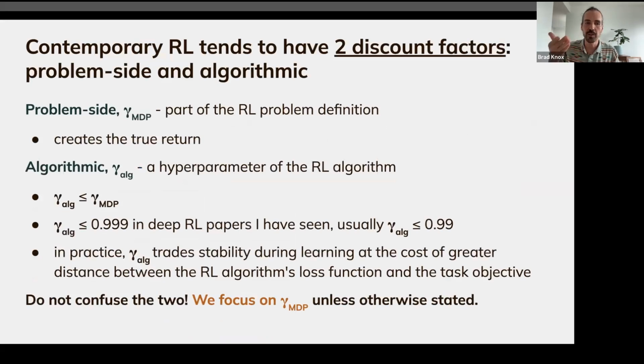And then there's the algorithmic discount factor that is a feature of the deep RL era. And usually it's smaller than the problem side one. And typically it's less than or equal to 0.99. And so the recommendation here is don't confuse them. And if you're doing that kind of first overfitting plot of the true return versus the shaped return, the problem side one will go in the true return, and the algorithmic side one would go in the shaped return.